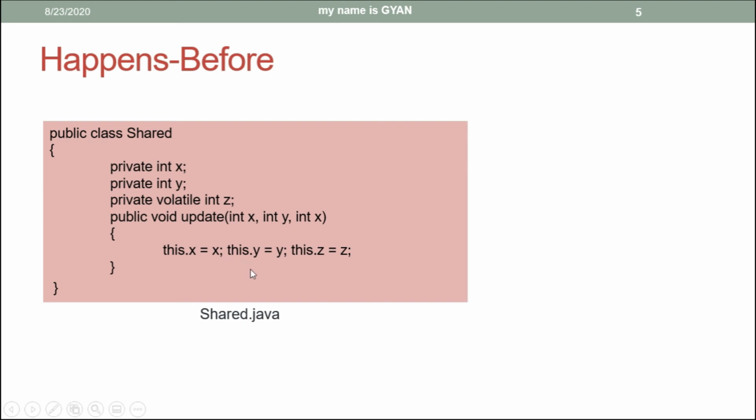So if something like this occurs, the volatile keyword ensures that the volatile variable will be written to memory after all other variables. That means the updates on non-volatile variables will happen before the volatile variable, and that assurance is given by the volatile variable. That is called the happens-before assurance.